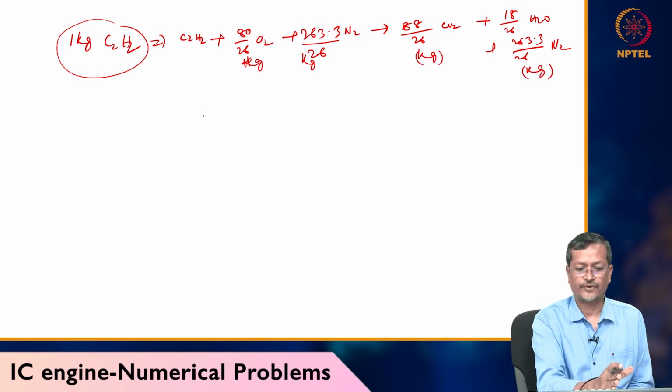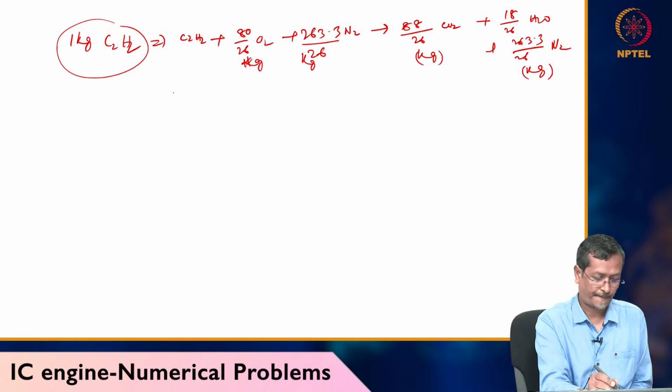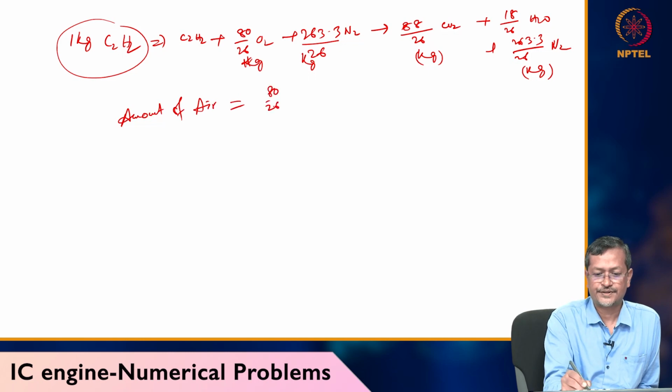So for 1 kg of fuel, if you burn it, how much air is needed? The amount of air equals 80 by 26 plus 263.3 divided by 26.